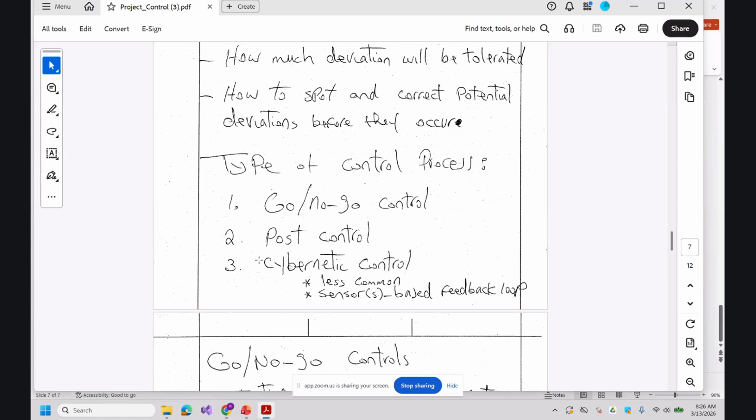So these are three different techniques. The first one is the most probable that everyone is using, especially for a project like ours. It is simple, not as advanced, so we can go with go/no-go control.